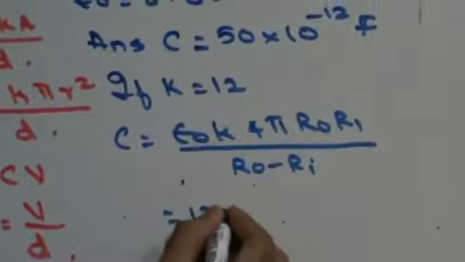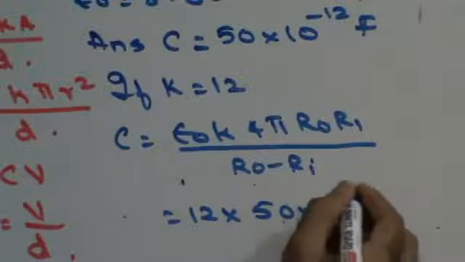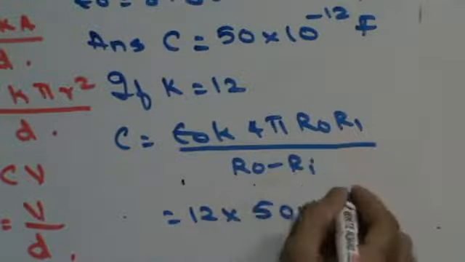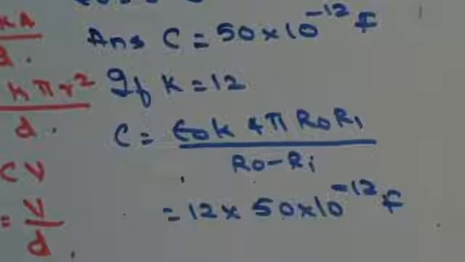So this will be 12 into whatever capacitance you found out. You will get that answer, right? 12 fives are 60, 600 picofarads. Next, take on next one please.